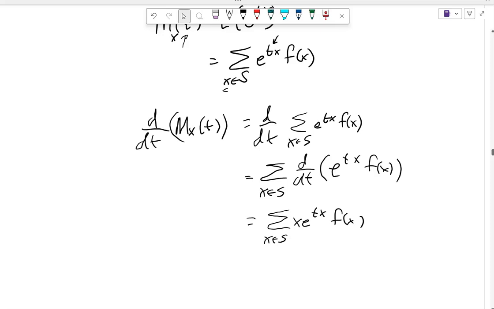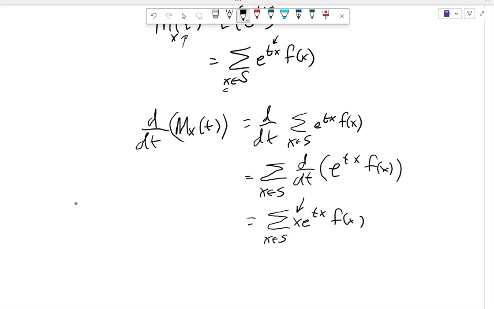Notice what's popped out in front here. Got an x when I took the derivative, right? I have an extra e to the tx in there, but I have an x that's there. What can I plug in for t to make this disappear? Because remember, this is a function of t. 0, right?